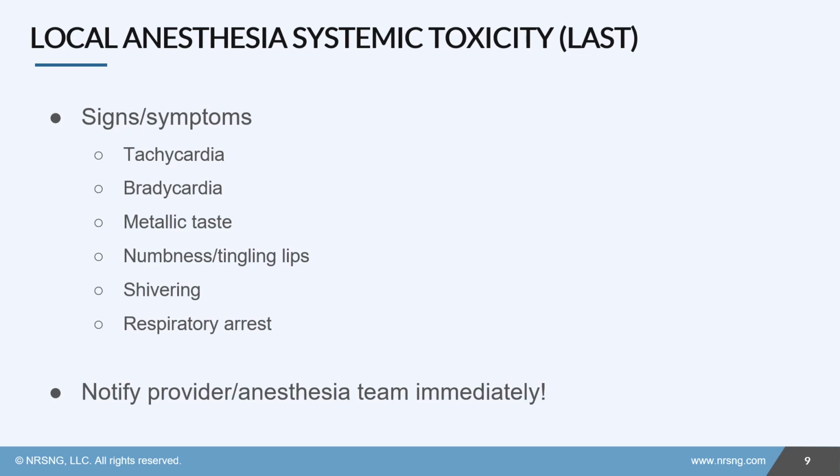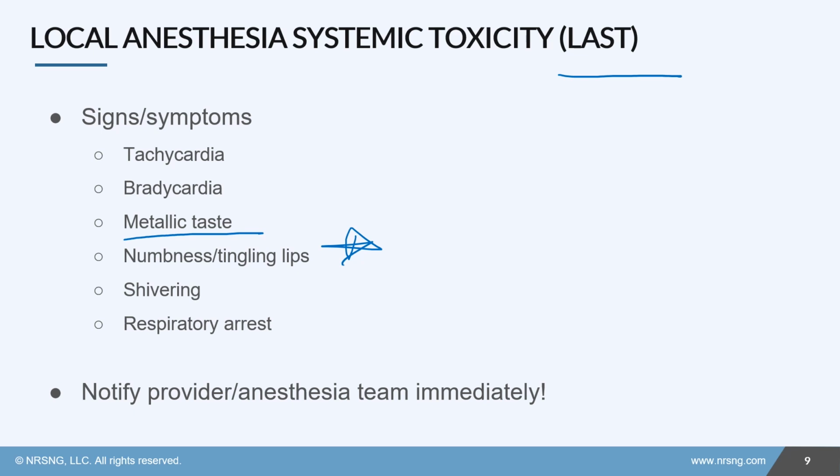I want to mention a very serious issue that can be seen with local anesthesia, known as local anesthesia systemic toxicity, or LAST. Although it's rare, you need to know that it exists and how to recognize it. So if your patient starts complaining of a metallic taste in their mouth or numbness and tingling of their lips, LAST should come to mind.